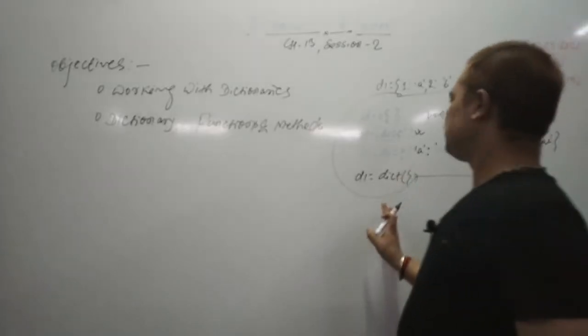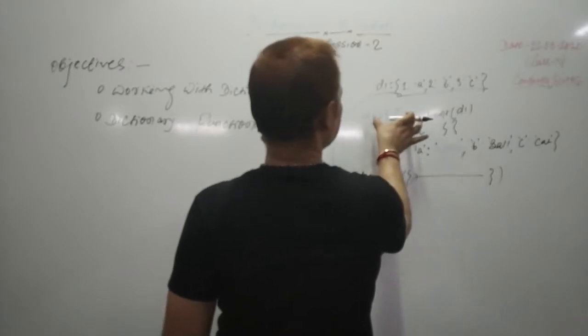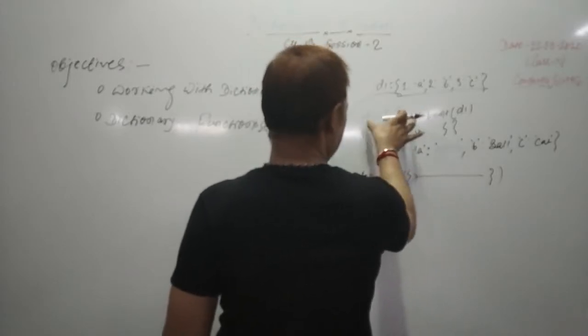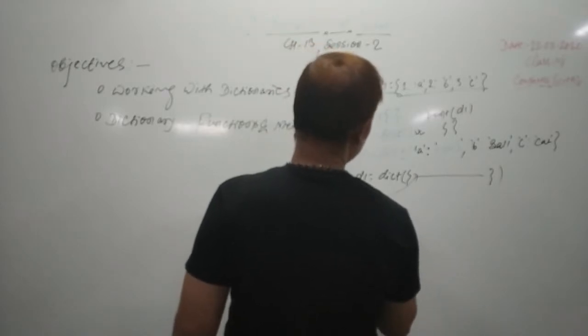And if I have already created a dictionary like this and I want to initialize the elements of the dictionary, D1 equal to open-close braces, so you can say D1, and now you can use the key.